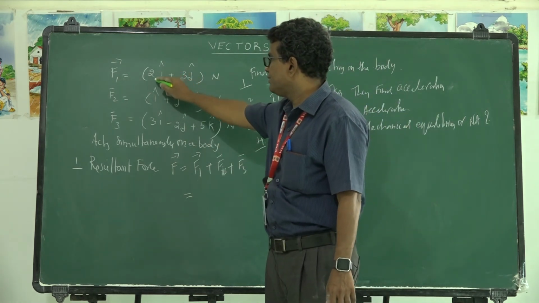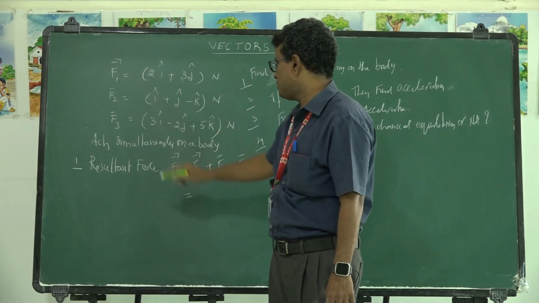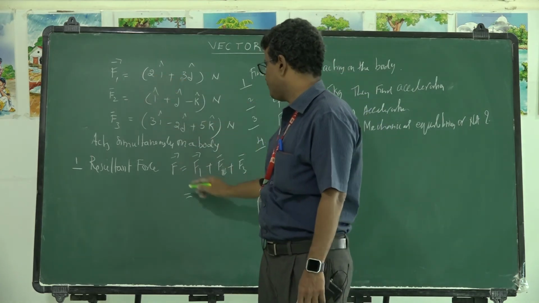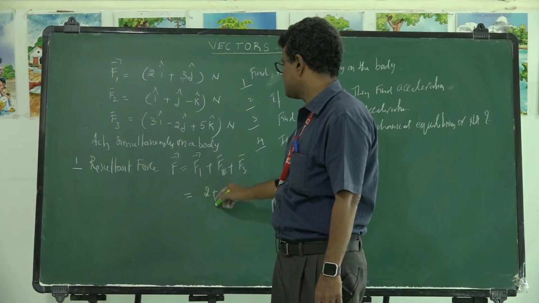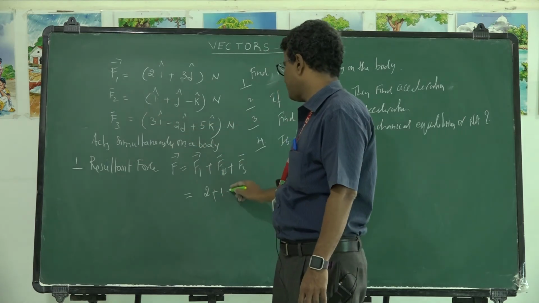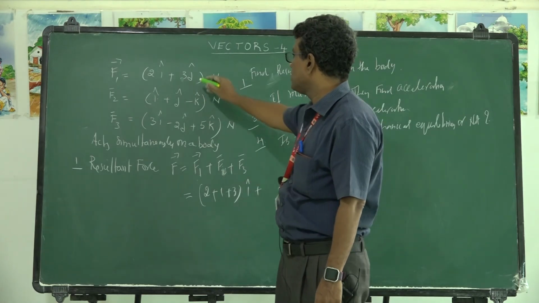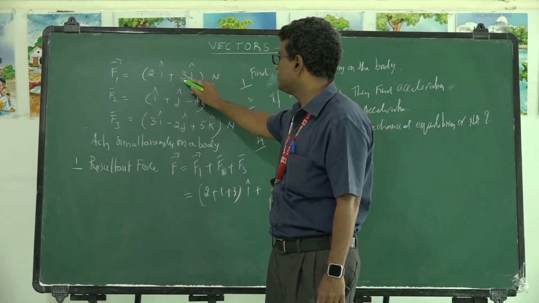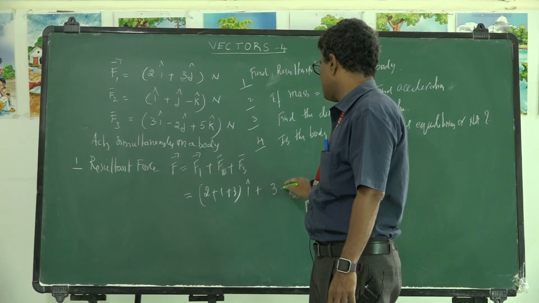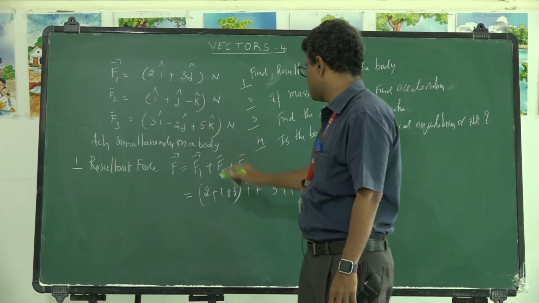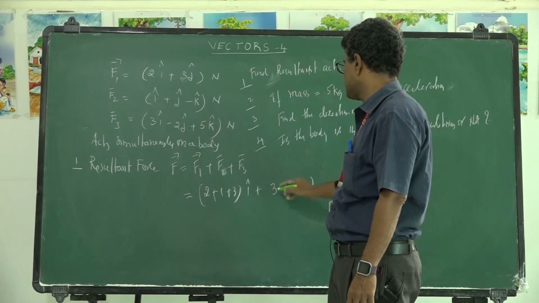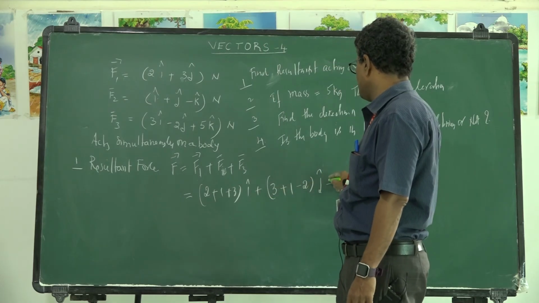You add all x components, 2 plus 1 plus 3, that is i cap, plus all j components, 3 plus 1 minus 2. So you have to use the sign, including minus 2 j cap.